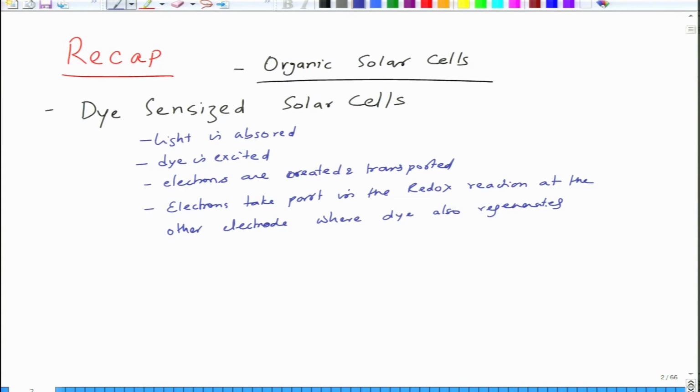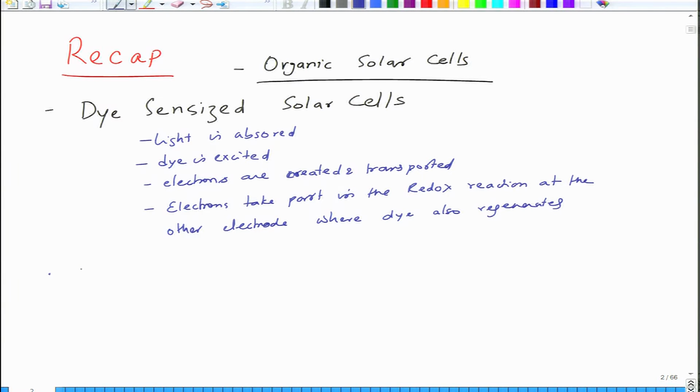So, the electrons which are created and move through the circuit get absorbed in this redox process, and this redox process also leads to creation of iodine ions, which neutralize the excited dye to the regenerated dye. So, this is a simple process that happens in a dye-sensitized solar cell.